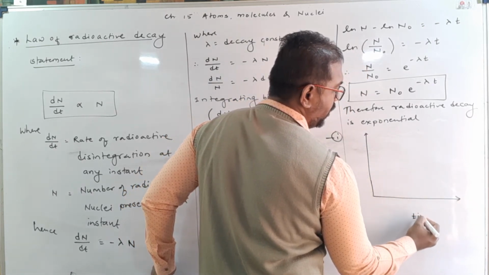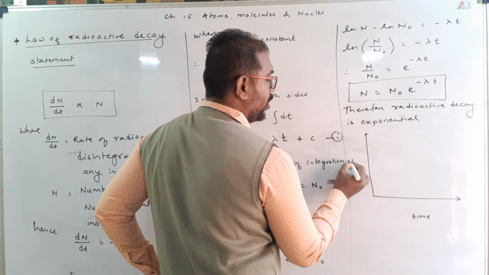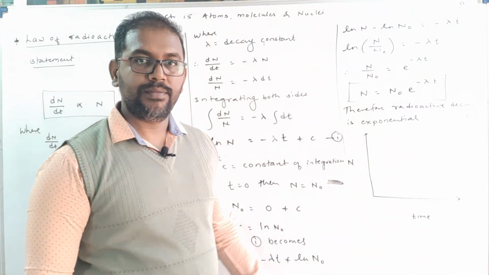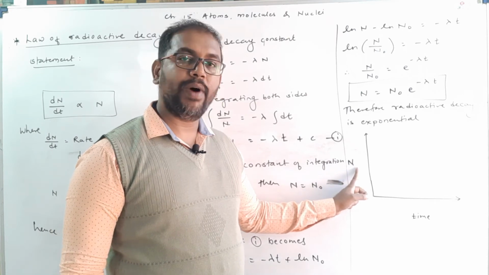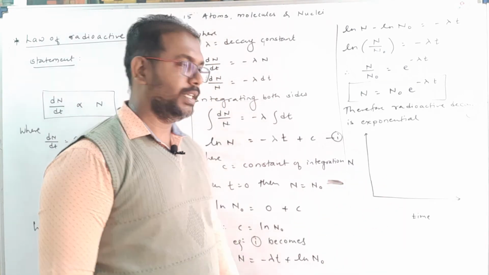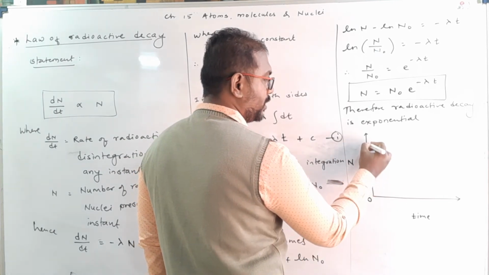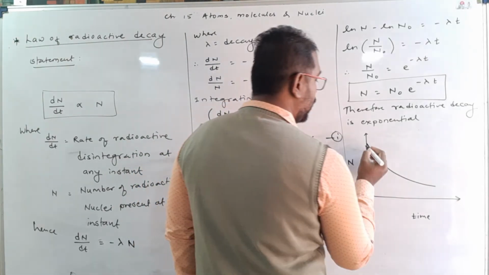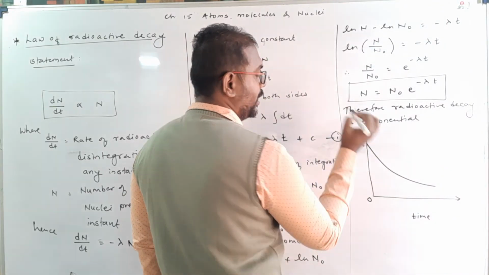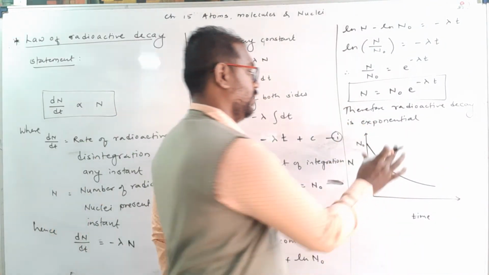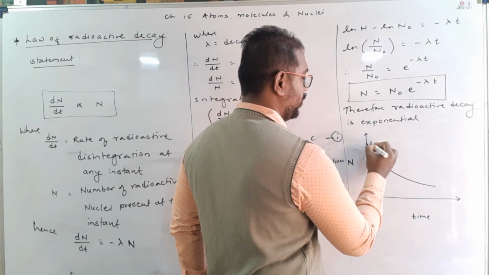This is time and this is the number of nuclei present, so the number of nuclei present on the y-axis and time on the x-axis. Initially when time is 0, the number of nuclei is equal to the original number, N0.